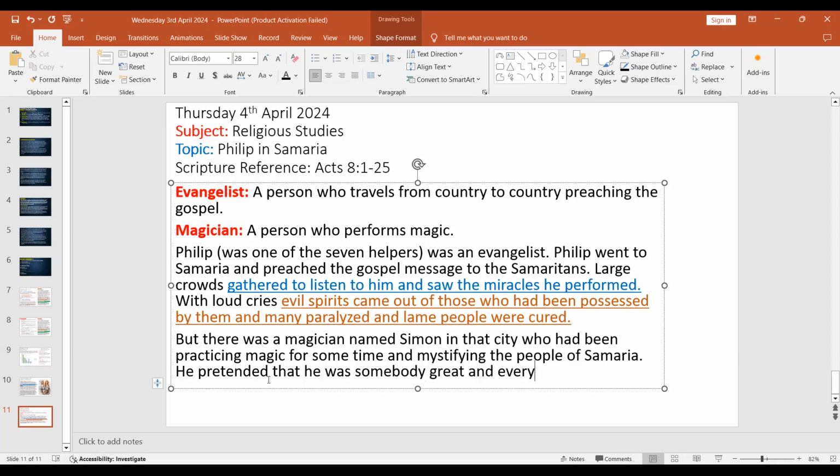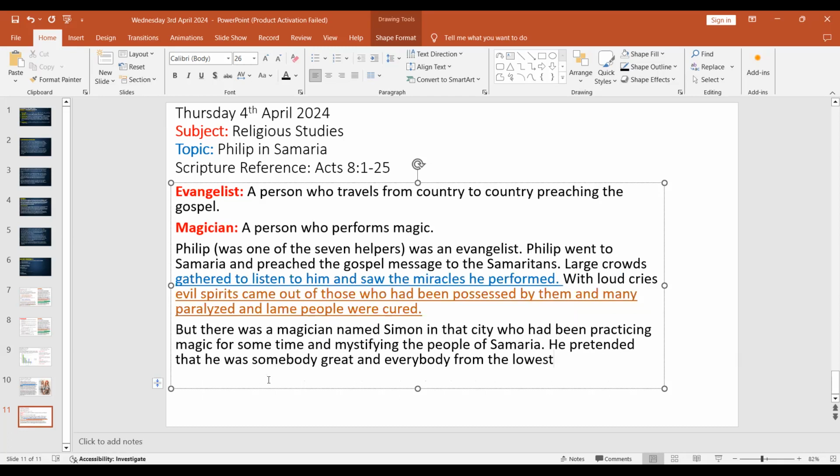And everybody from the lowest to the highest was fascinated by him. Indeed, so they were fascinated by him. Everyone was fascinated by him. They would say that this person must have the great power of God, right?